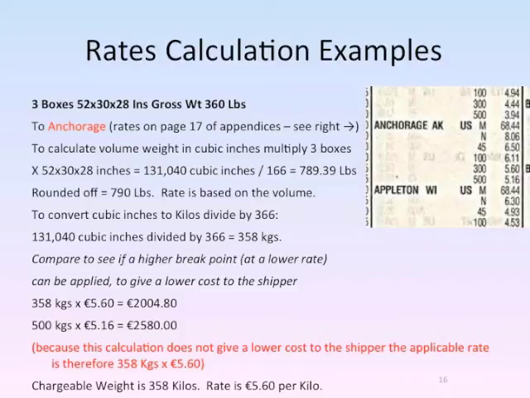So now we know that this rate is based on the volume weight of the shipment, because the actual gross weight is 360 pounds and the volume weight is 790 pounds. So now we convert cubic inches to kilos and we divide by 366. So we have 131,040 cubic inches, divide by 366 and we get 358 kilos. So this is the weight that we're going to base our rate on.